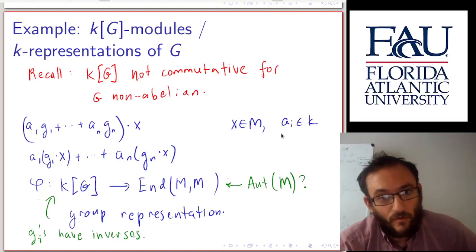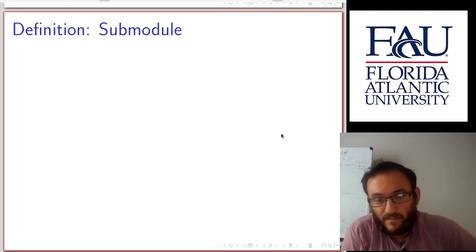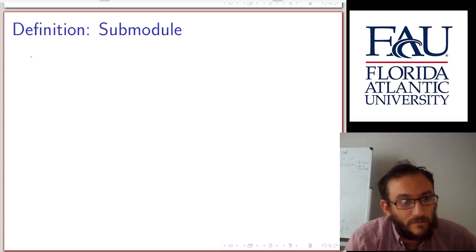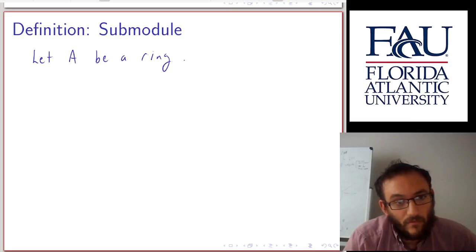And now we can go into some detail about aspects of module structure. So a submodule: let A be a ring, and M is an A module.